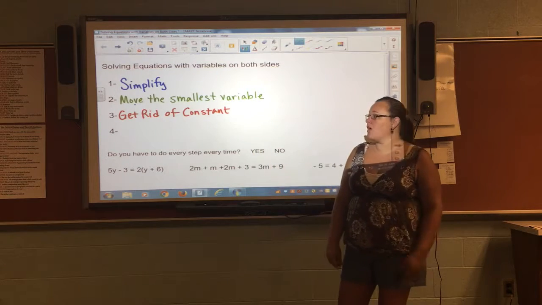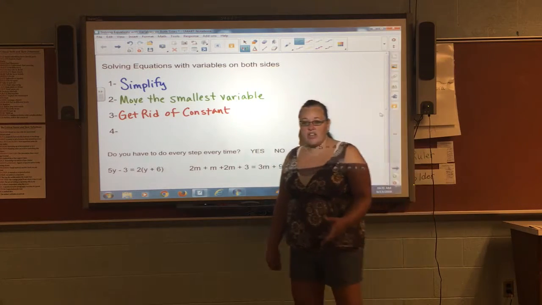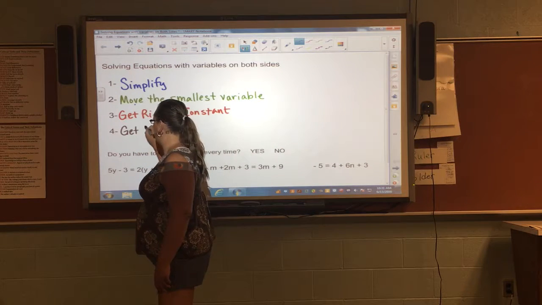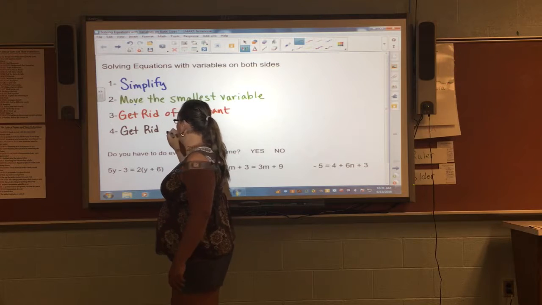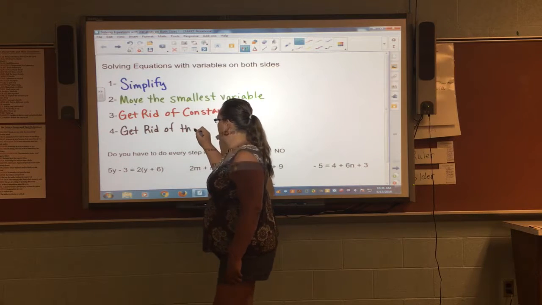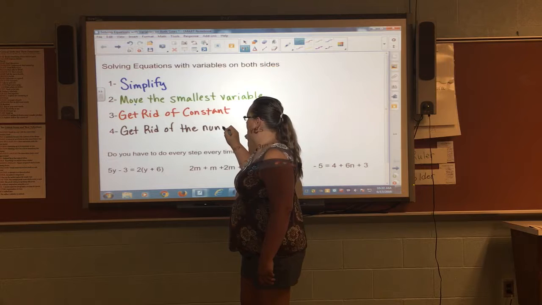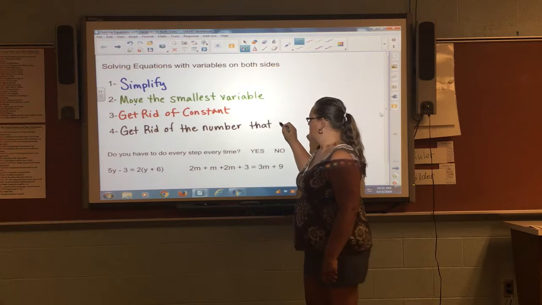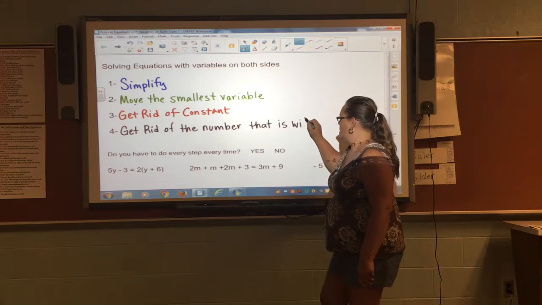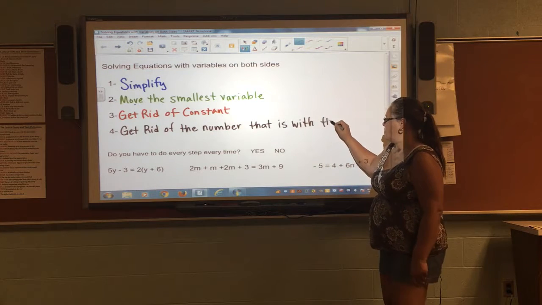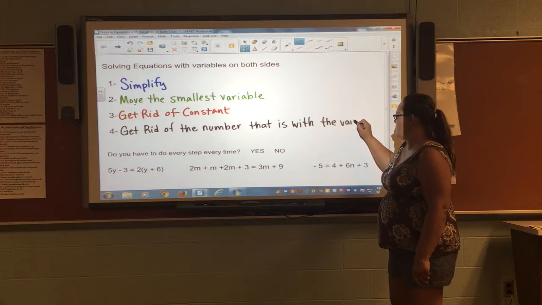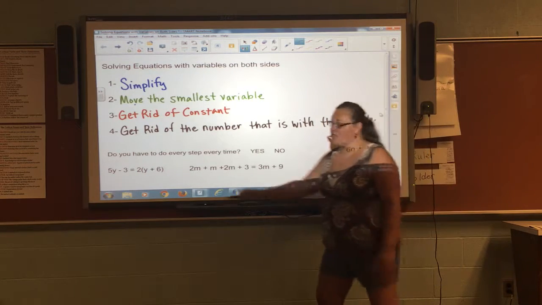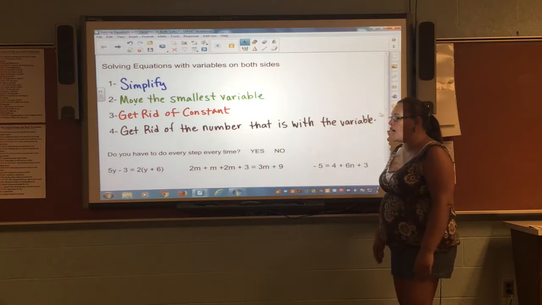And the last step to solving any equation is to get rid of the number that is with the variable. Okay, so if you can remember those 4 steps, you should be good to go.